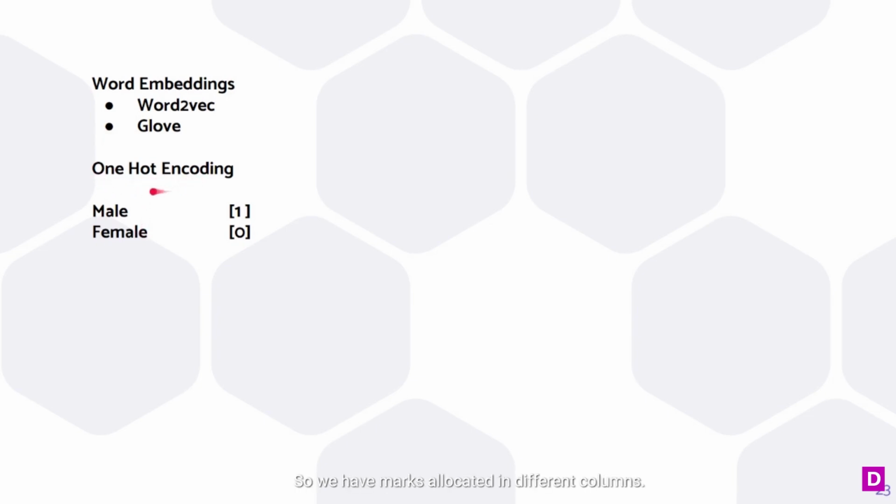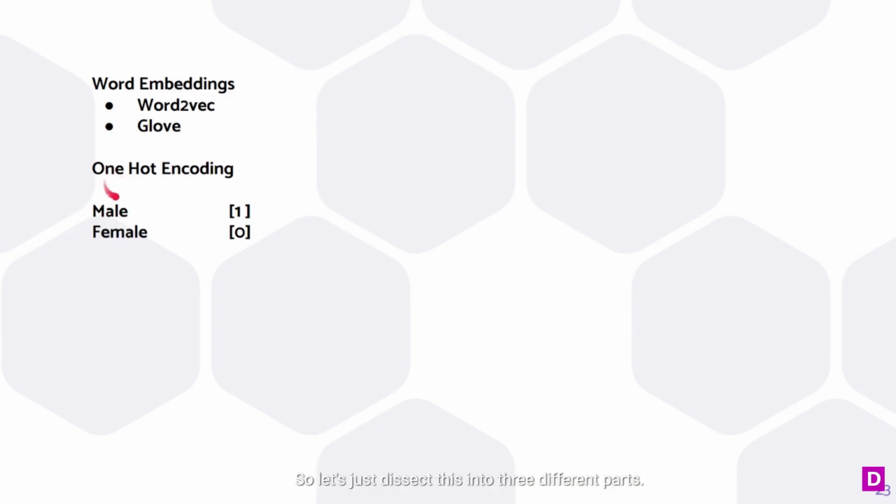We have marks allocated in different columns, and at the end we fill in the student details. Then there is a column called gender. If it is gender, then it would generally be male or female, right? In order to convert that textual column into numerical data, we can approach another technique called one-hot encoding.